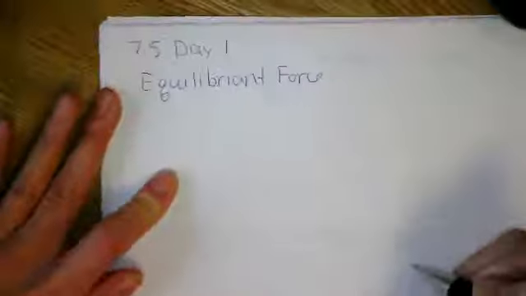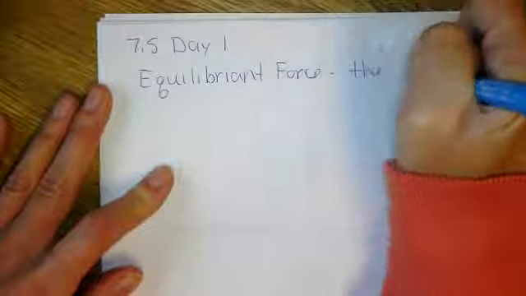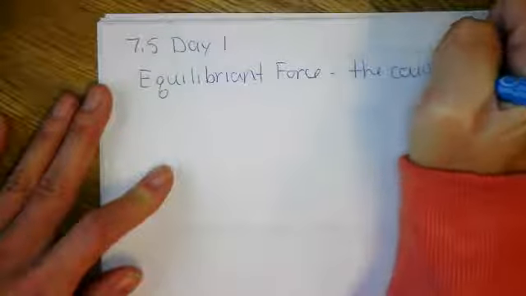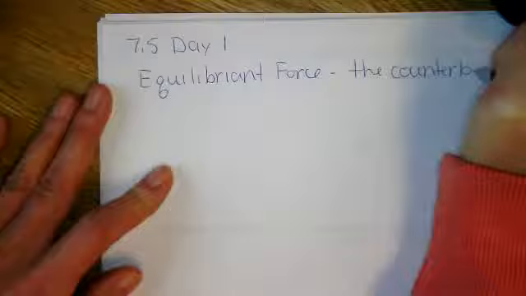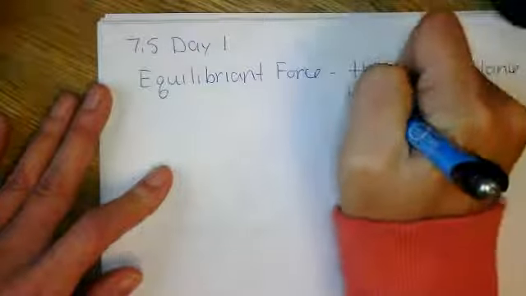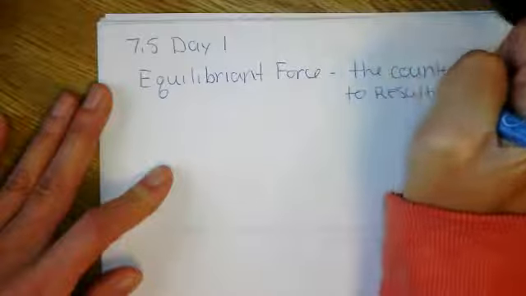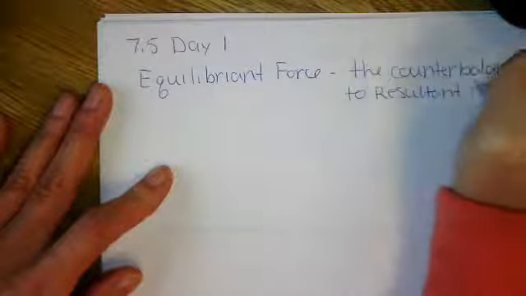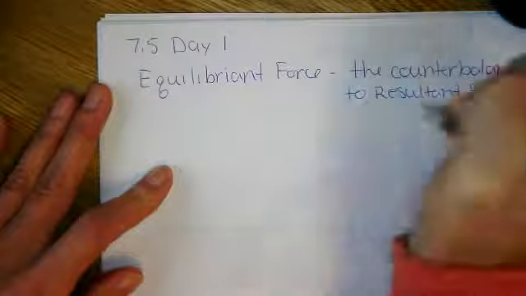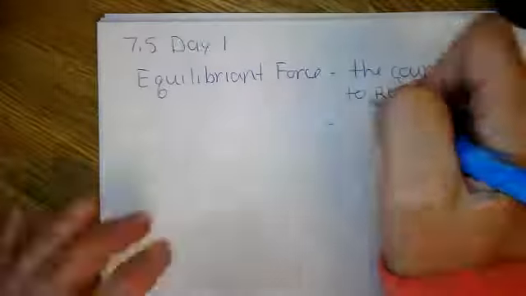Equilibriant force is the counterbalance to the resultant force. So it's just the resultant's opposite vector.